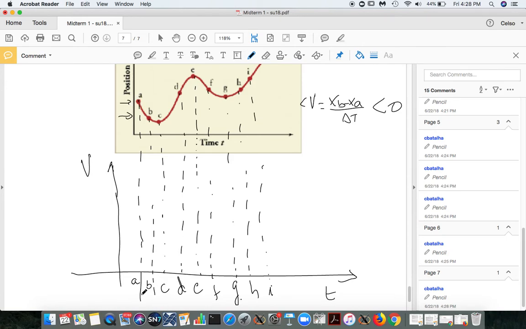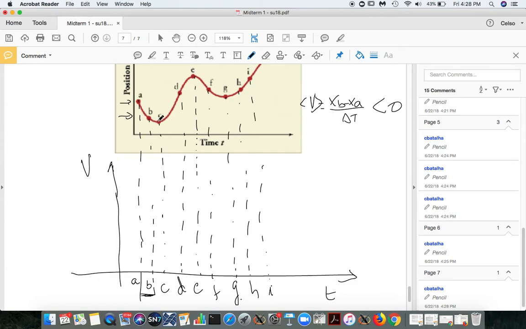So AB is going to be something like this, right? But this is not a straight line. And I'm doing here basically average, and the problem is asking instantaneous. Let me do average first, and then I'm going to go to the instantaneous.